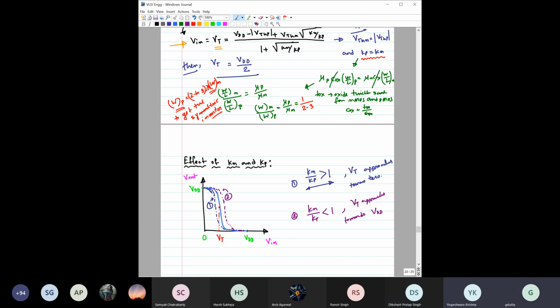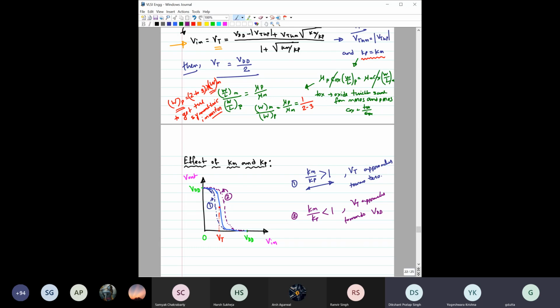Fine. I hope you have understood from this equation why this is happening. So while you are designing an inverter, this ratio Kn by Kp basically indicates the width of the transistor. And as a designer, you have full control on that.